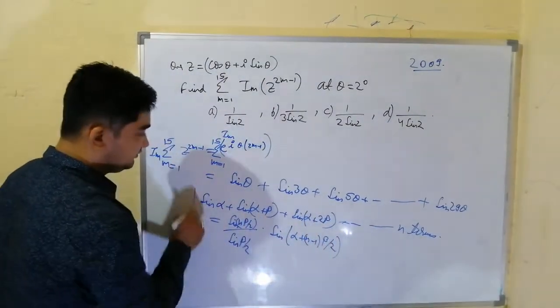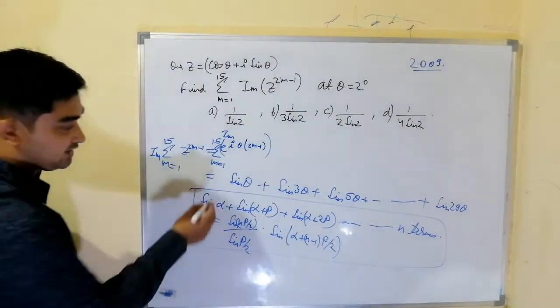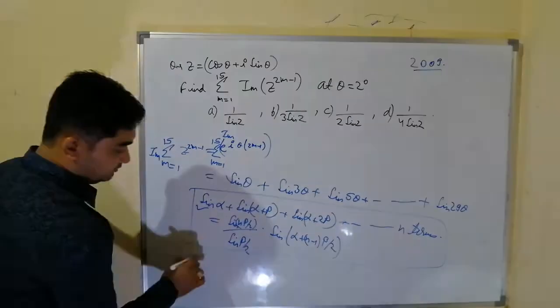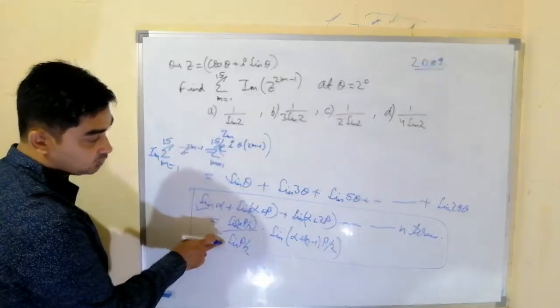So this is the formula we can learn, right? So apply the same formula. Instead of deriving, it is always better to learn this formula and directly apply. We can do the derivation of this also by multiplying and dividing by sin beta by 2.